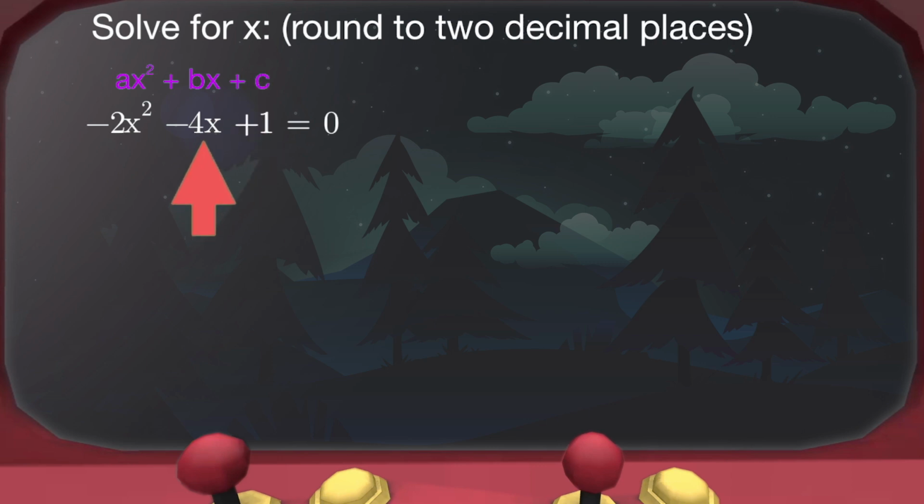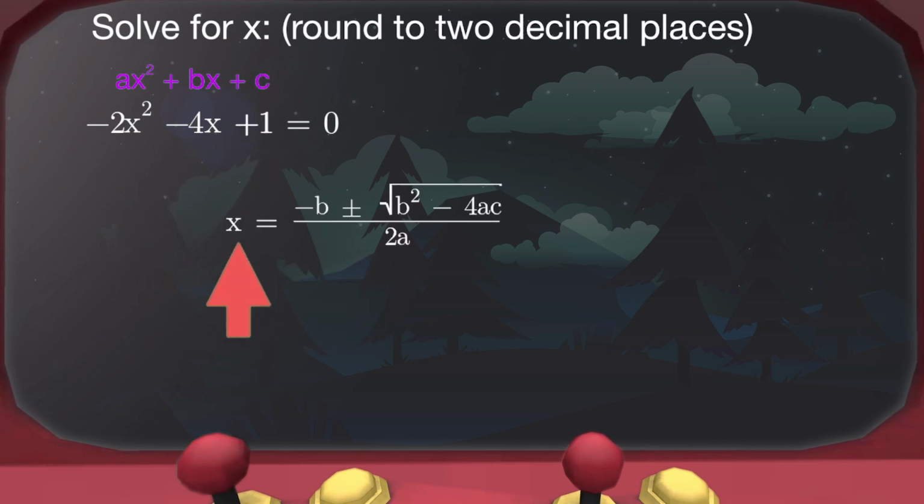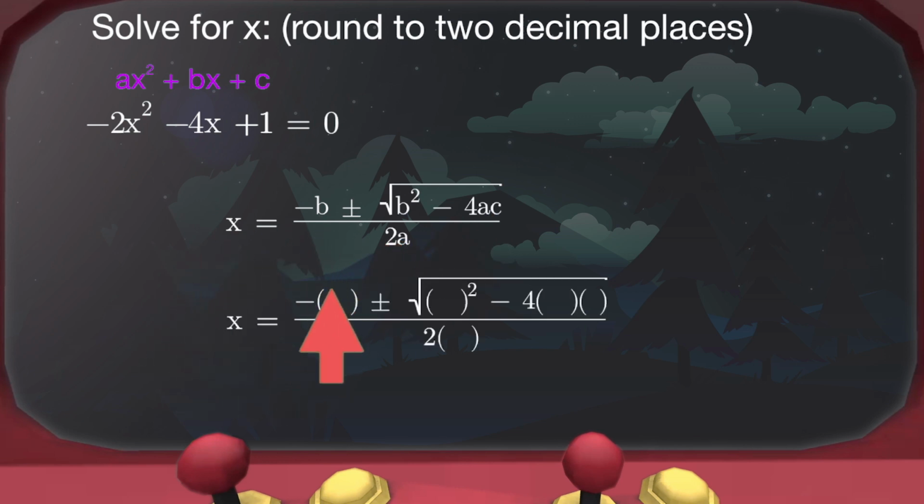Okay, now that we've done that, we simply write down the quadratic formula. There it is. And now we do substitution for the b and the a and the c. Okay, so here we go. In the place of the b, we are going to put the minus 4. And there it is. And we do the same for this b, and there it is.